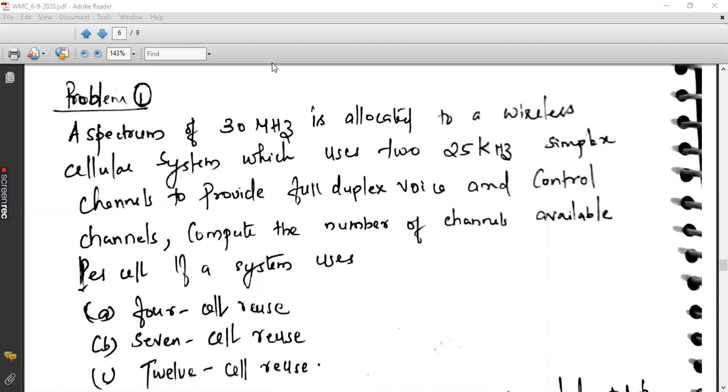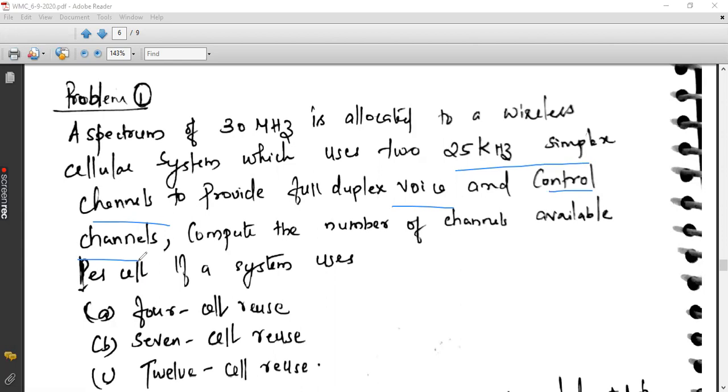Please be careful. Here it is specified that 25 kilohertz simplex channel is available, which means there are 50 kilohertz duplex channels. If you write it in terms of duplex channels, it will be 25 into 2 kilohertz. That will be the bandwidth of the duplex channel. And this duplex channel can either be a voice channel or a control channel, as I mentioned in the previous classes.